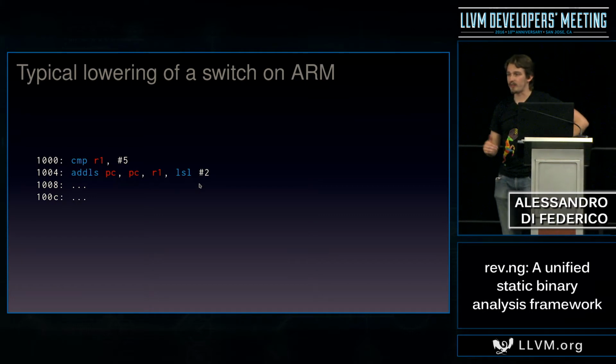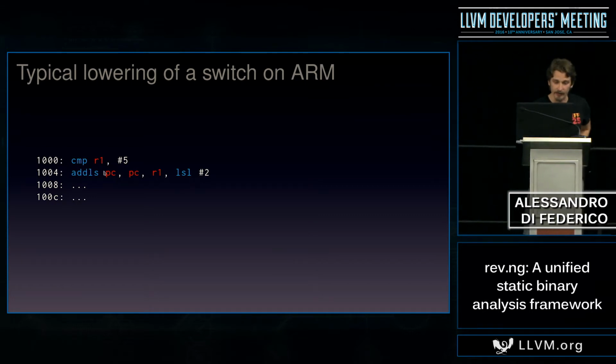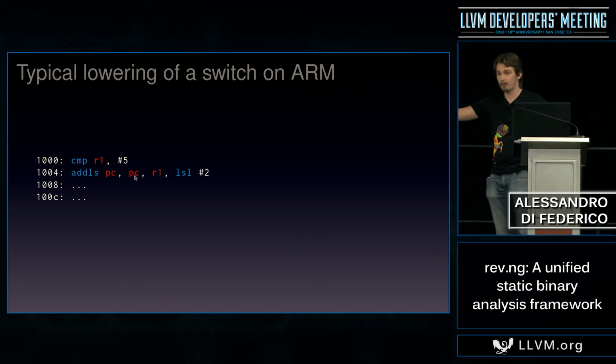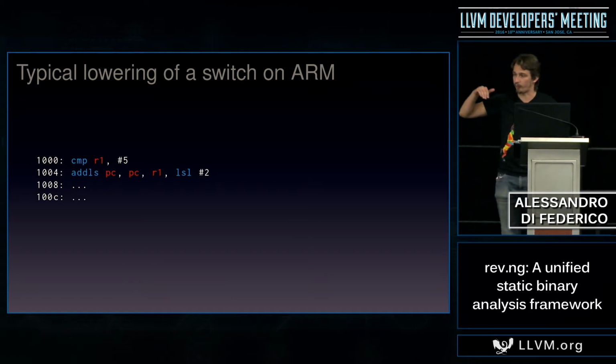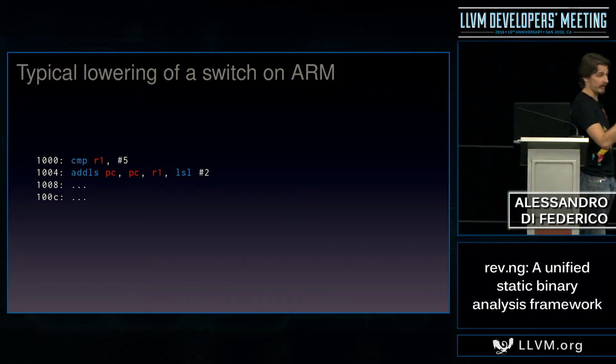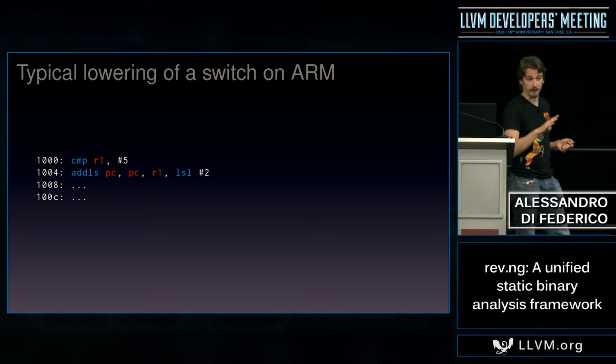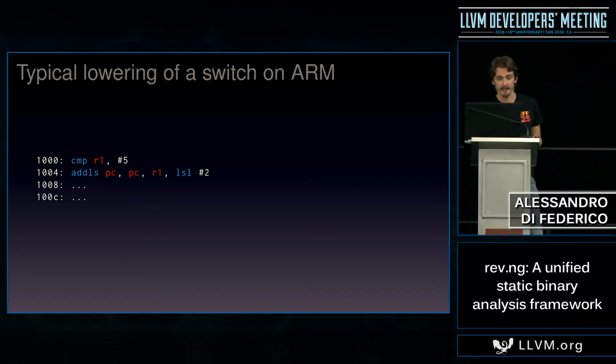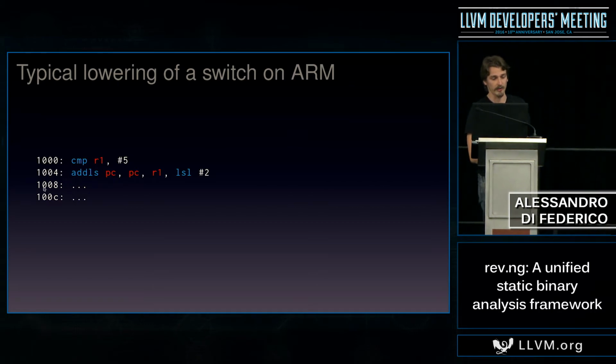All right? So basically, this instruction is jumping to a program counter which is the current program counter plus 4, plus 8, plus 12, and so on and so forth. And why is this? Because in ARM, each instruction is 4 bytes long. So we are basically deciding, based on the result of the switch expression, whether we want to jump to here, here, or to the next instructions.